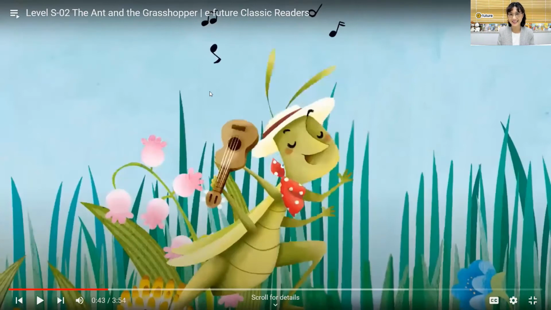Okay, did you visualize the story? Yes? Okay, that's very good. So you can actually see the story in your head. Okay, so this is a good practice. You will read the story, you'll listen to the story, you will read it again, and you'll do the activities. And while you are doing the activities, you read the story again. And then you'll visualize the story, you'll listen to the story again.